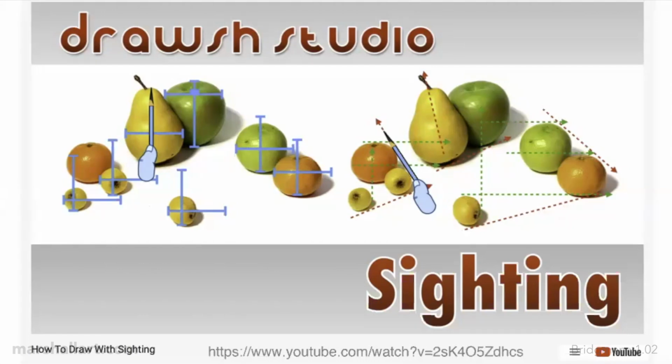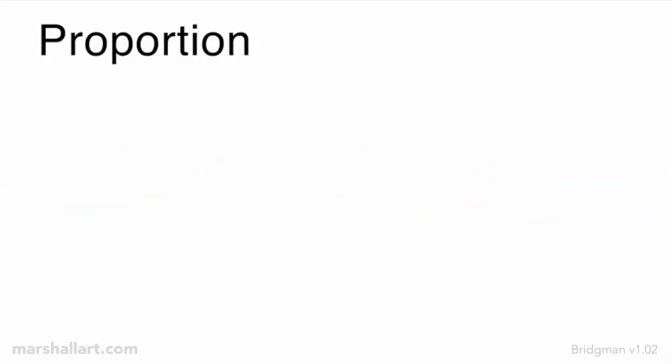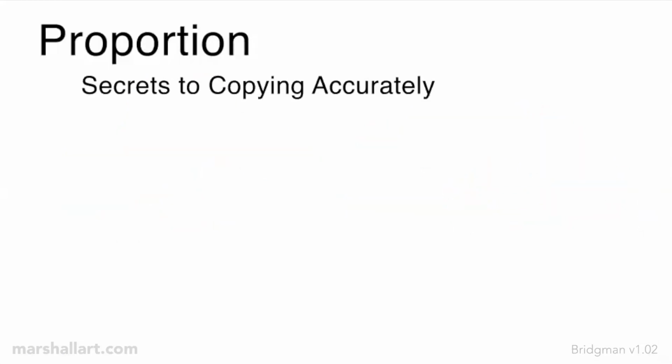Now, I'm going to take a few minutes here to boil down the lessons. When it comes to copying proportionally, to try to get things accurate, to see the way it lays out on the paper, here's a list of secrets.